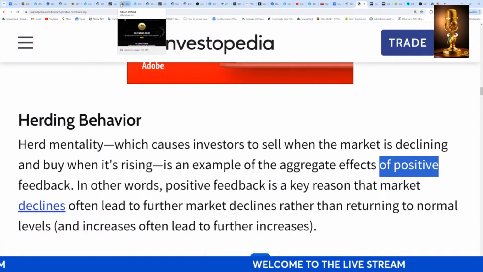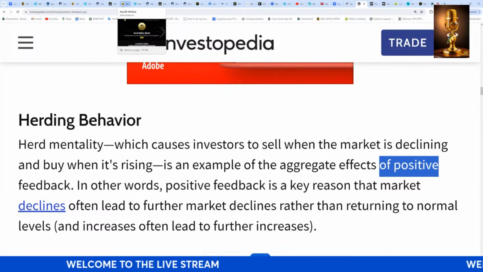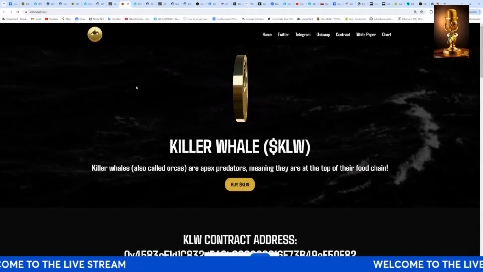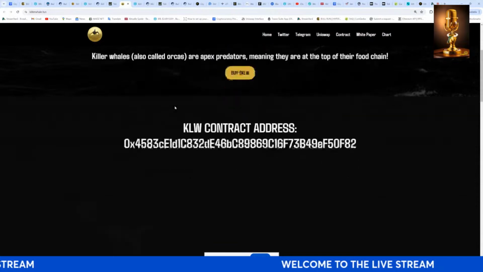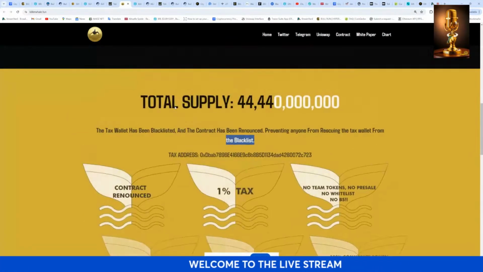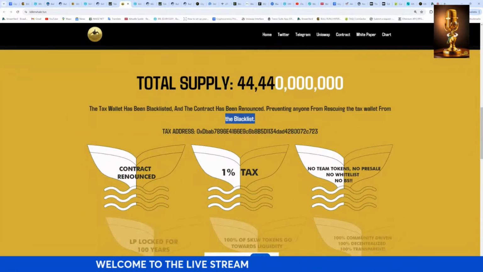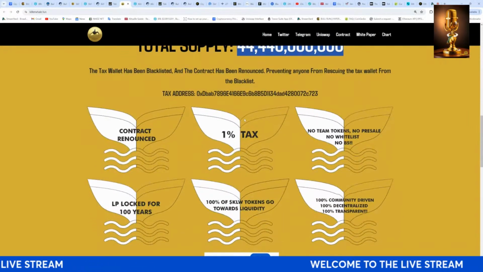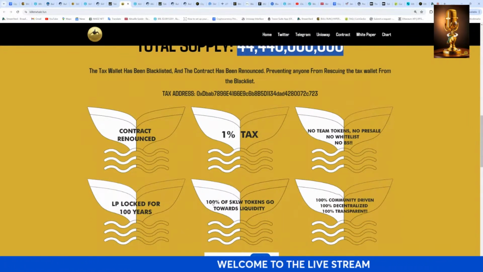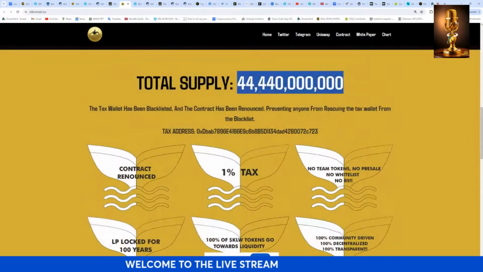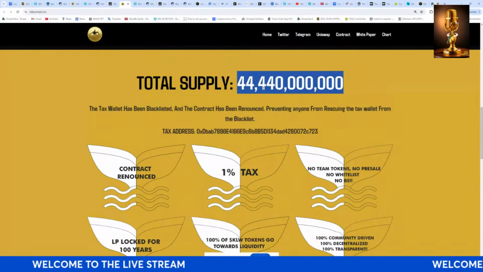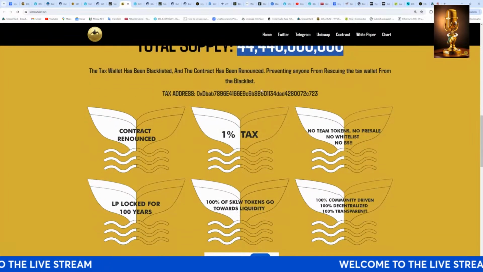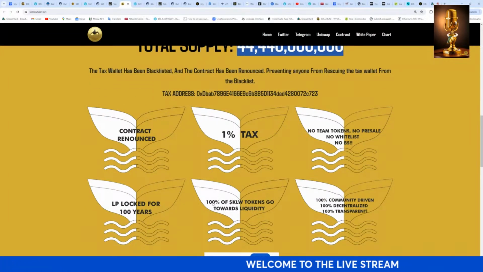As far as tokenomics are concerned, this is very important. Keep in mind our 4 challenges that we are addressing. So if we start with Killer Whale, for example, its tokenomics are the same. It has a limited supply of 44 billion. So this is good. It has a limited supply. You can't print more of it. And 100% of the total supply is in the liquidity pool already.